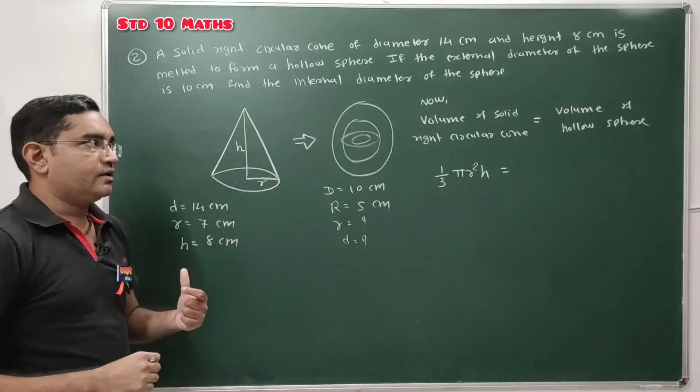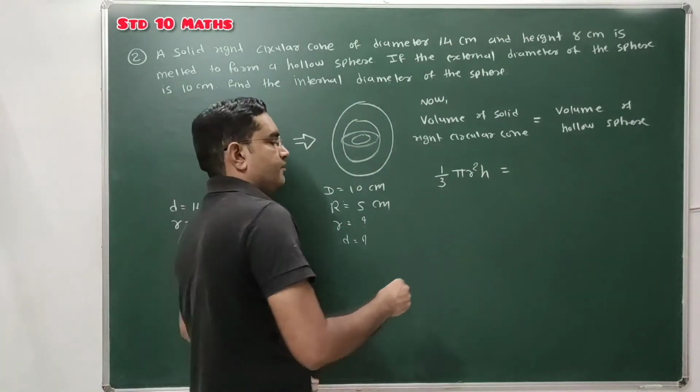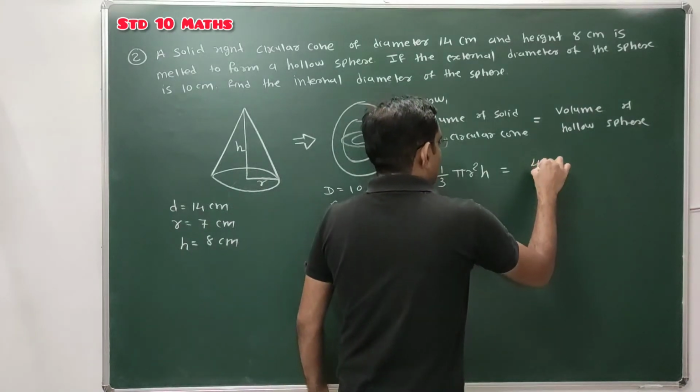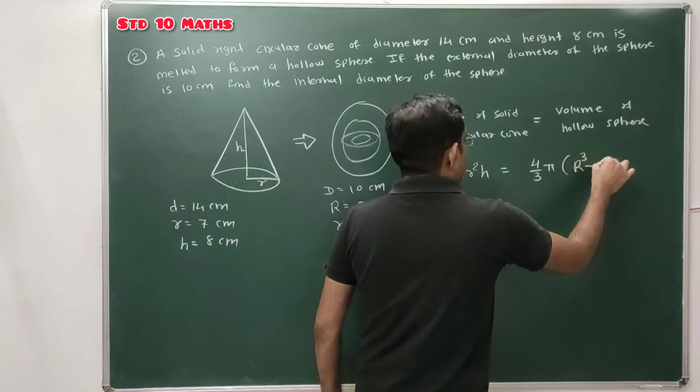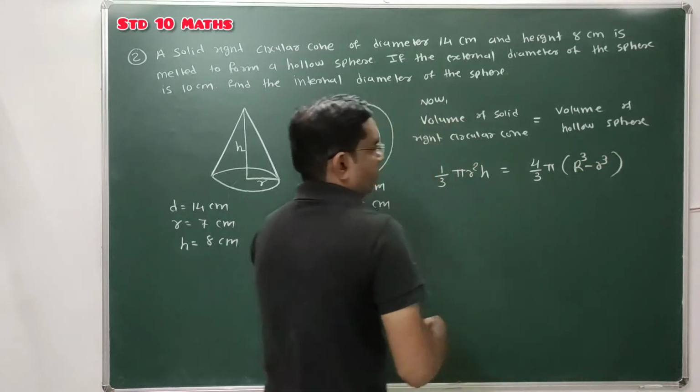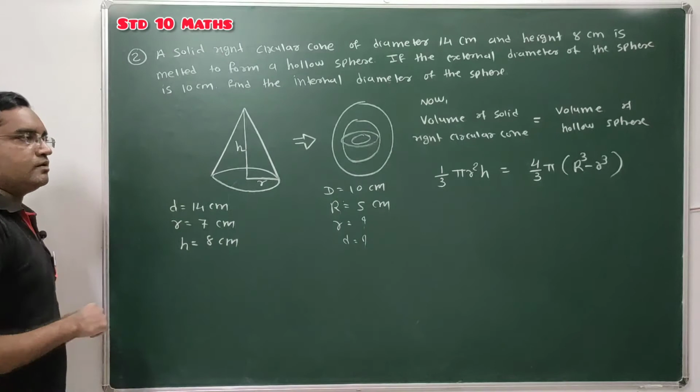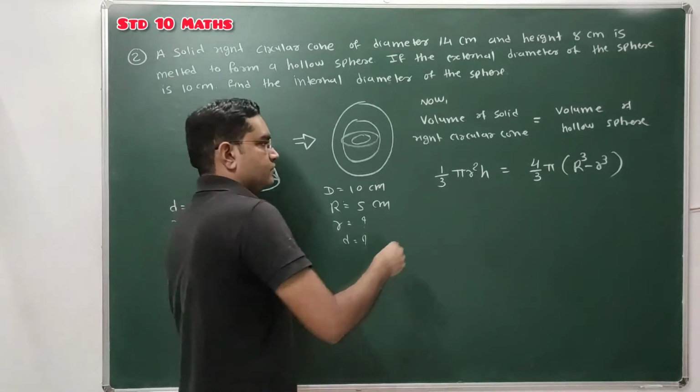now what is the formula to find the volume of sphere? It's 4 by 3 pi r cube, it's a hollow, so capital R cube minus small r cube. Put the values.